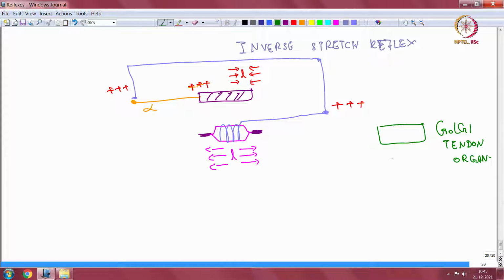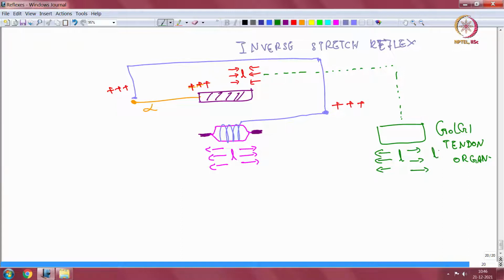When there is a reduction in length here, it causes increased length here, and not just any increase, a severe increase in length.